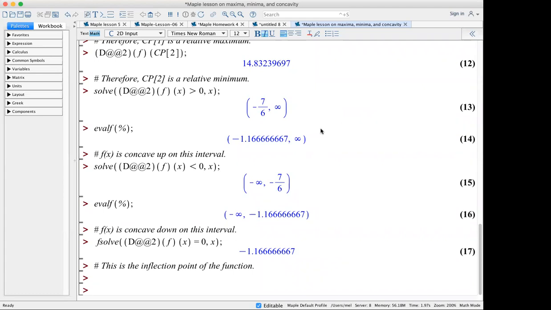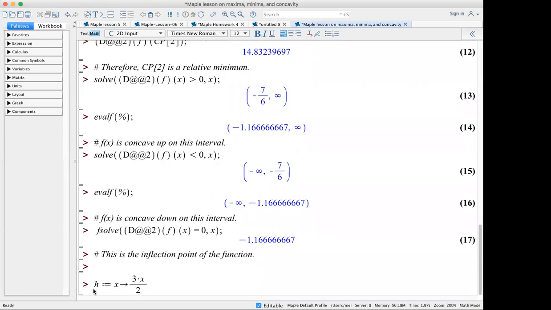Okay, let's do one more example. Again, from the homework. This was in problem 1E. Suppose we take h to be the function x goes to 3 times x over 2 times 1 plus 4 times exp of minus x over 3.